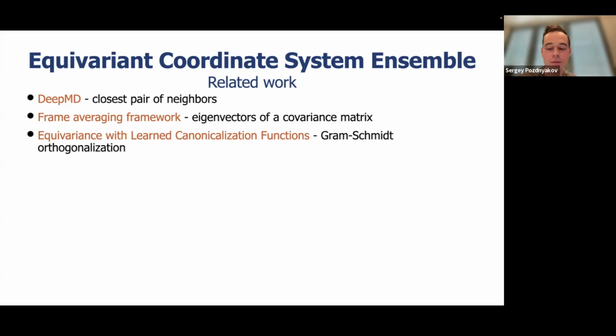Next, we obtain a coordinate system from these raw vectors by Gram-Schmidt orthogonalization. And there is, once again, the same problem. Such a definition of a coordinate system might still introduce discontinuous jumps, namely when the mentioned raw vectors are collinear with each other.